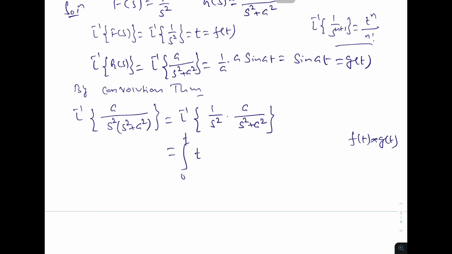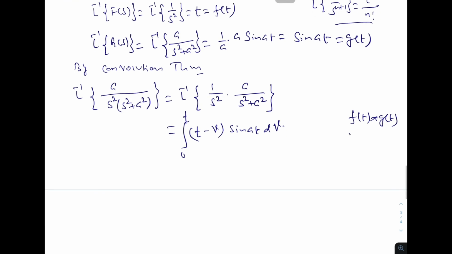We can do it even with t minus v here and sin at there. Okay, that is also not a problem, because we know f star g is the same as g star f. Whatever is convenient you can write.